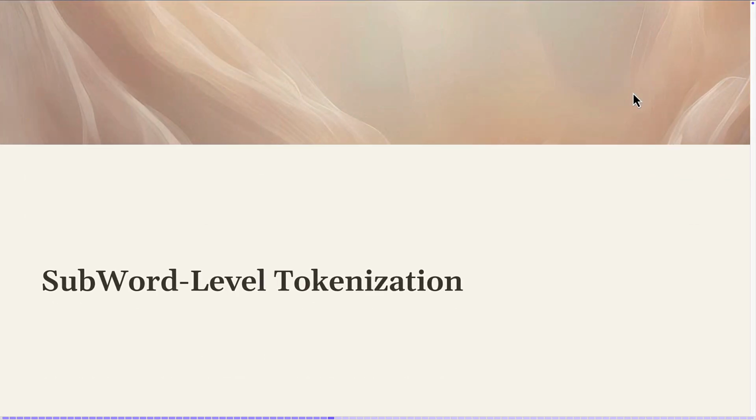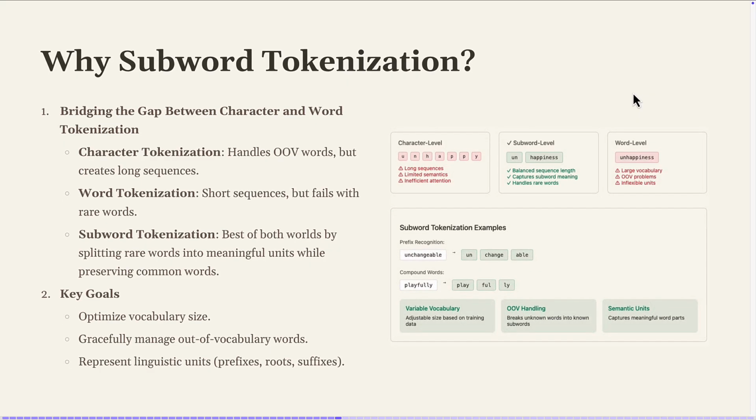So now we have seen the two extremes, character level and word level, and we have identified their challenges and their benefits. And you want to have something more optimized. And here comes the subword level tokenization. Subword level tokenization tries to bridge the gap between character and word tokenizers. We have seen the drawbacks of character level: long sequences, limited semantics, inefficient attention.